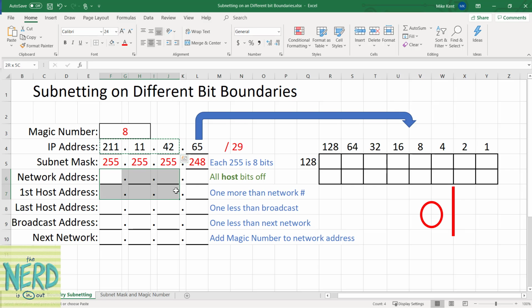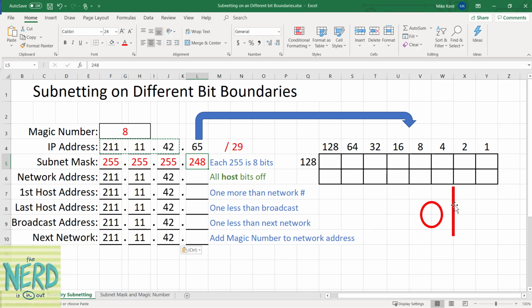So it's going to be this all the way down. In fact, it'll be the same here. But we got to look at the 65 here, because this subnet mask is telling me some of the 65 is network and some of it is host.